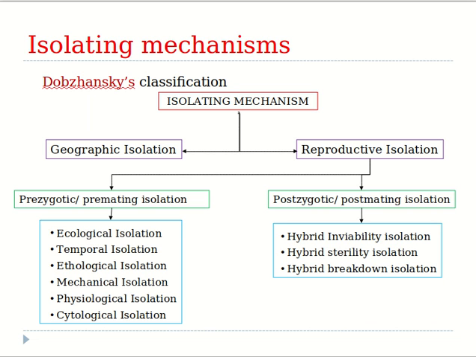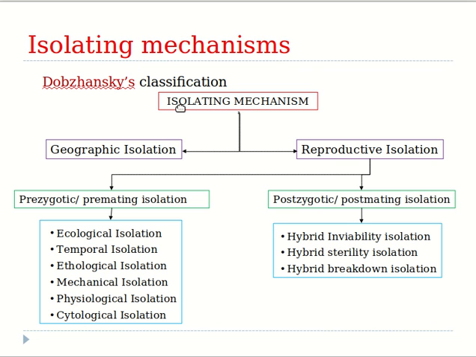Isolating mechanisms have been variously classified by a number of biologists, like Mayr in 1942, Huxley in 1942, Stebbins in 1950, Dobzhansky in 1955, and many others. Here we are going to deal with Dobzhansky's classification.